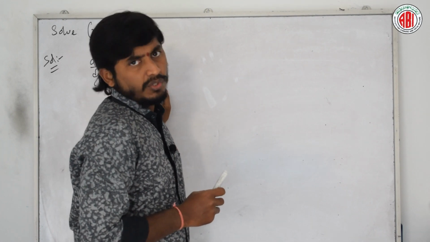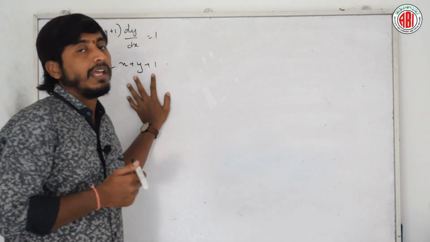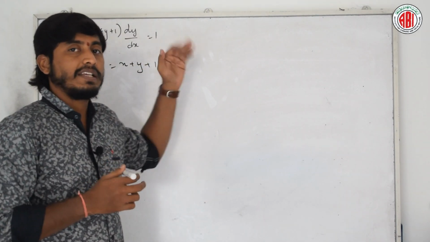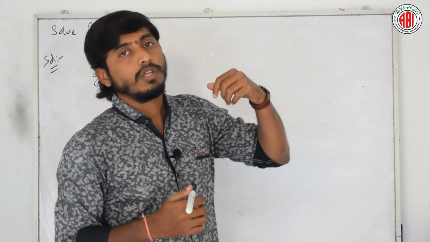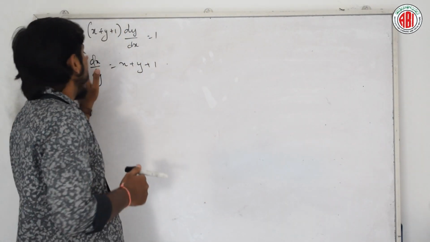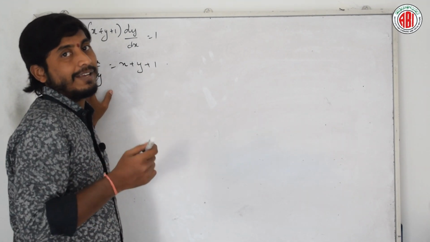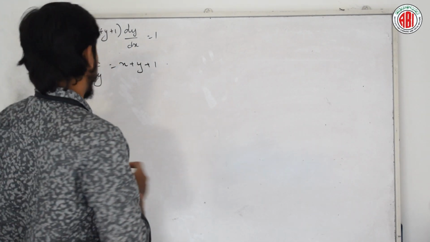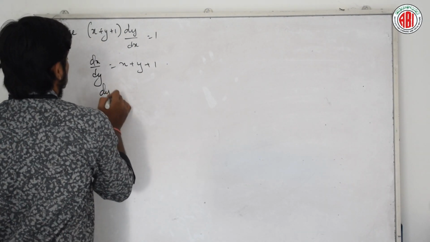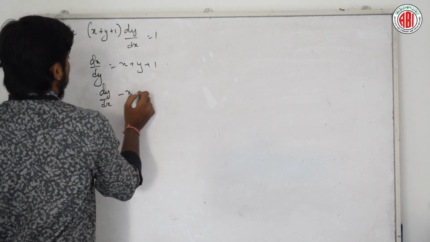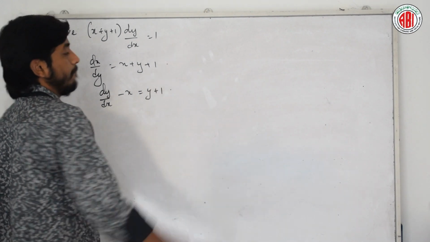Fine. So what is the form? If it is in y, we will write it as dy by dx plus py equal to q. So here we will write it as dx by dy plus px is equal to q. So we will write it in the form of dx by dy minus x is equal to y plus 1.